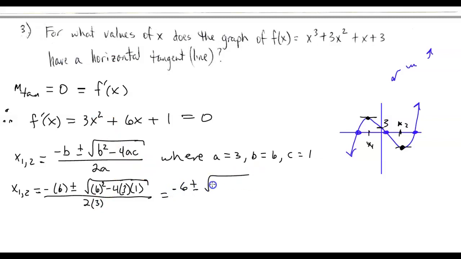So minus 6 plus or minus square root of 36, 6 squared, minus 4 times 3 times 1, which is just 12, all that over 6, and of course the radicand there is going to be 24.